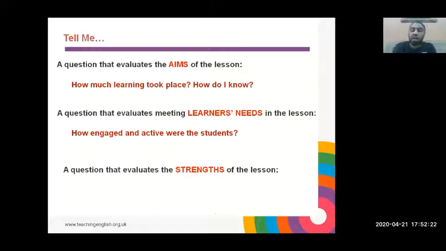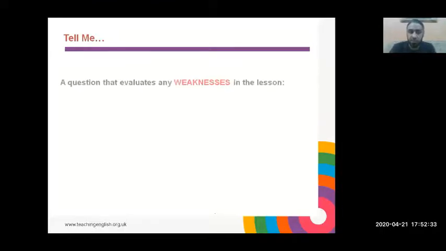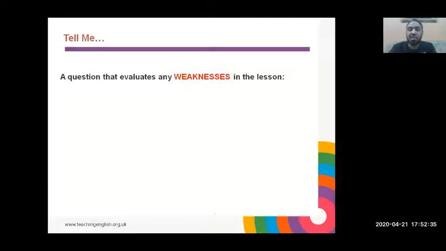And if I wanted to ask a question that evaluates the strengths of the lesson, I can ask myself, what went well in this lesson and why? If I asked myself a question to evaluate my weaknesses inside the lesson, I can ask, what problems did I experience and why?